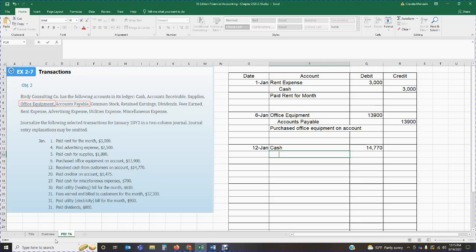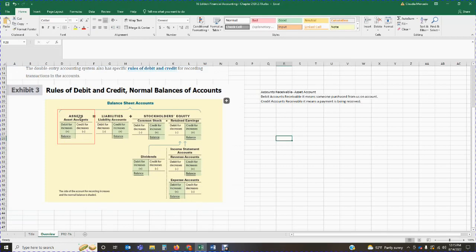So these people had an accounts receivable set up and now they're making a payment. So when we receive a payment for something that is owed, we credit the account. My accounts receivable balance will decrease. Whenever we set up our accounts receivable, it's a plus sign. When we receive a payment, it's a decrease.